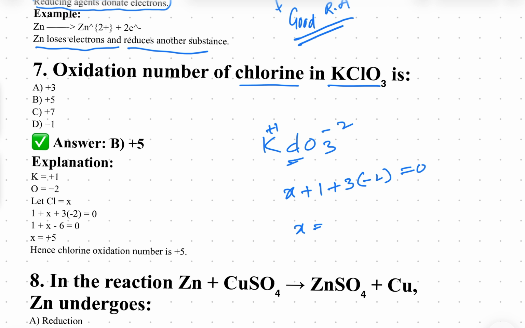So X is equal to what do you get? Plus 1, then 3 times 2 is 6, minus 6, so plus 5 is the answer. So chlorine is in the plus 5 oxidation state.